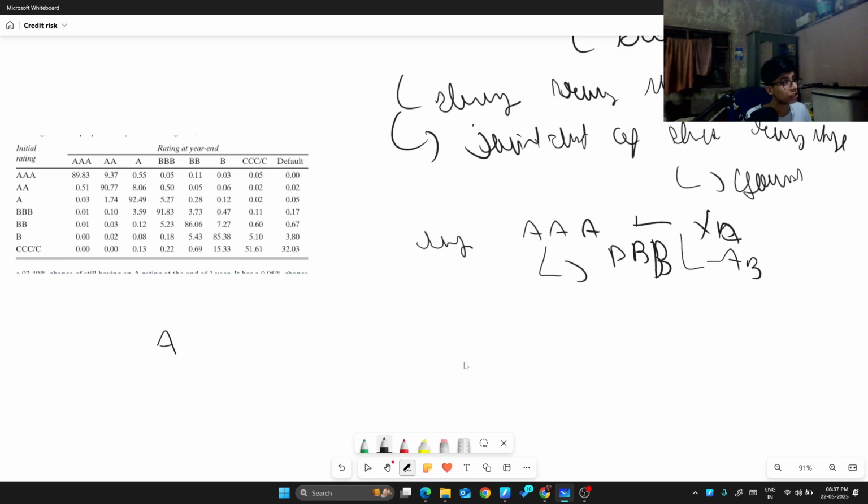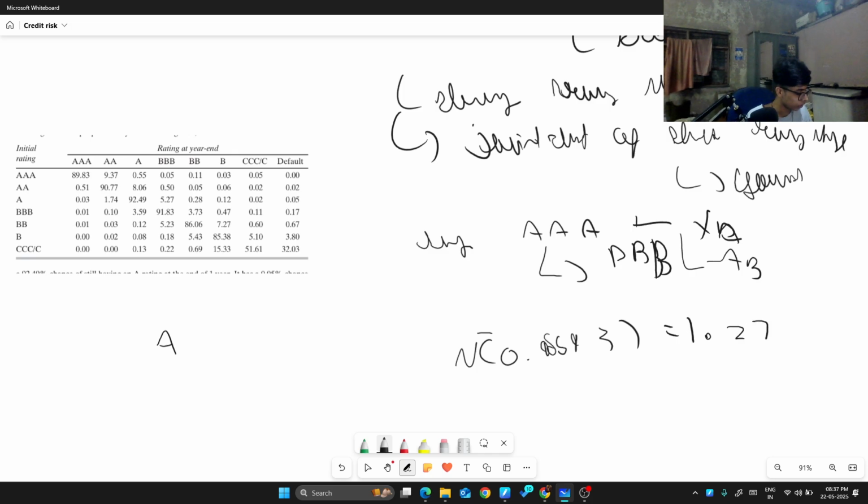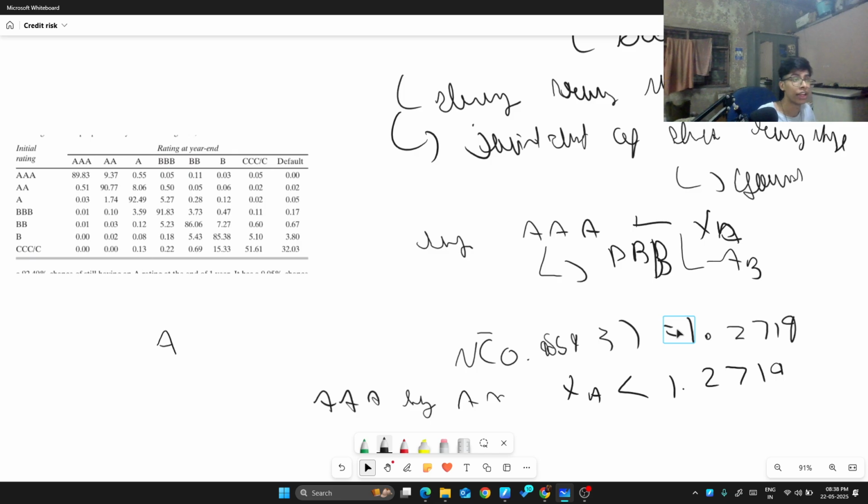So we find the default probability for that, 0.893, that is 1.2719. And if A stays AA, that would be XA greater than 1.2719, that is the value 1.27.